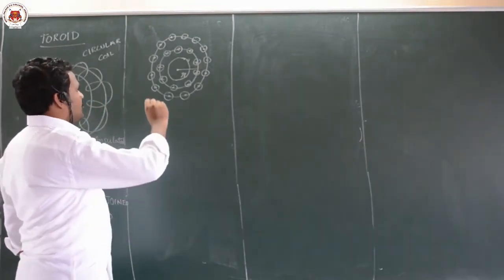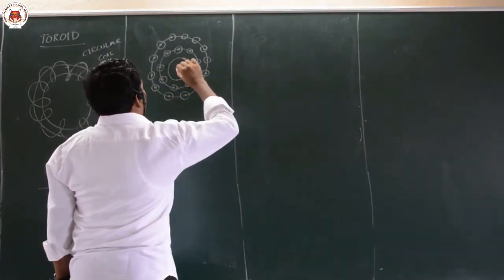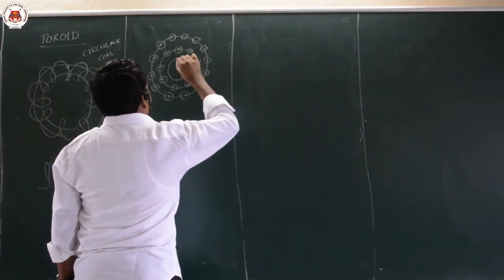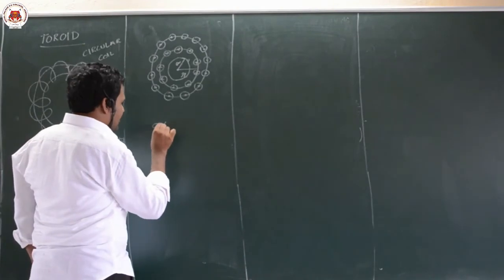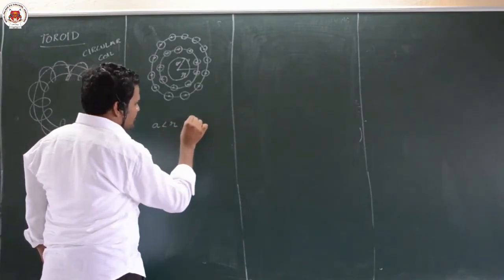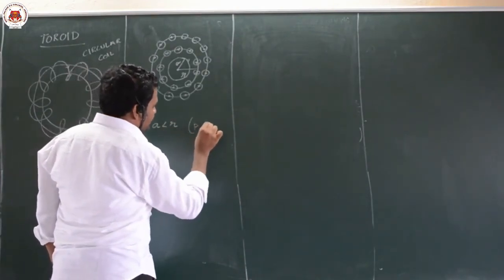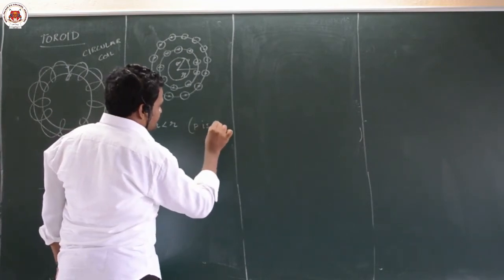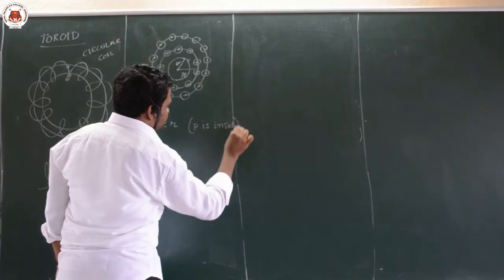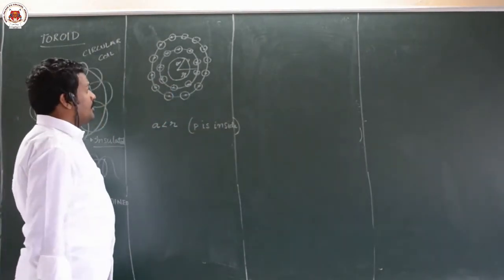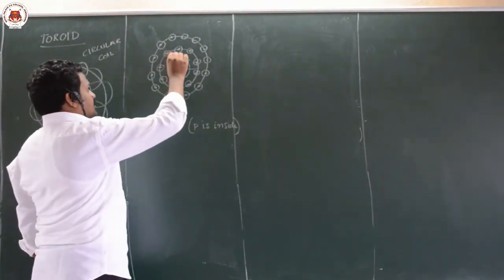I will construct a loop of radius a such that a is less than r, that means the point P is inside.